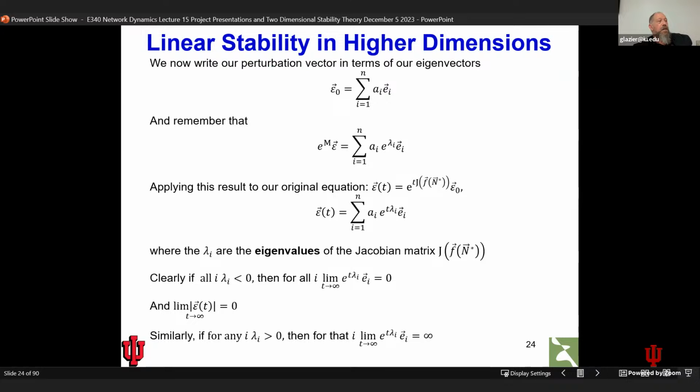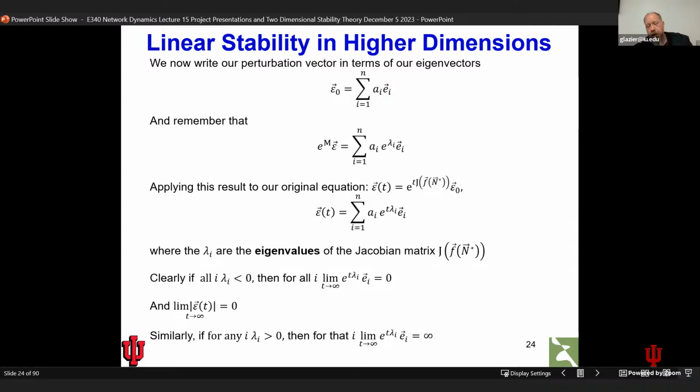And what you find is that if all of the eigenvalues of the Jacobian matrix are negative, then the fixed point is stable. And if any eigenvalue of the Jacobian matrix is positive, then the fixed point is unstable.